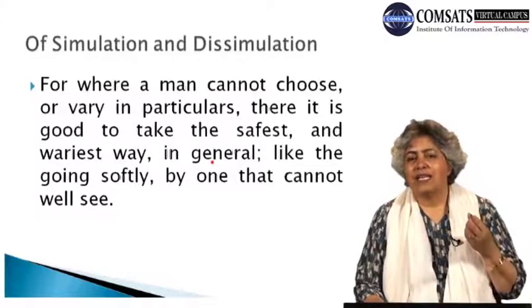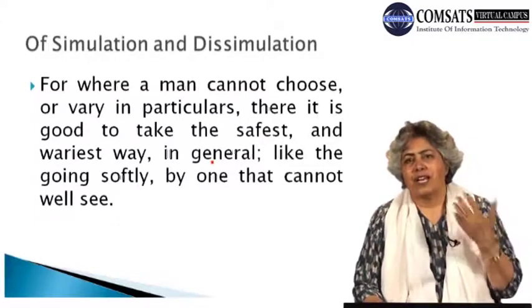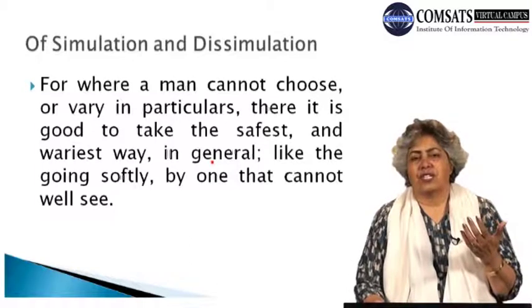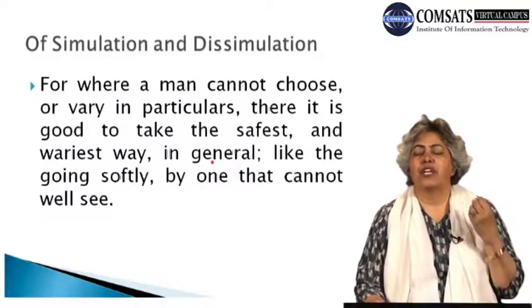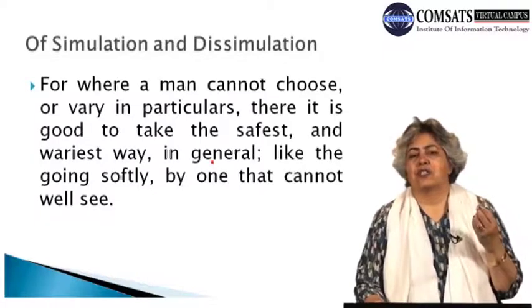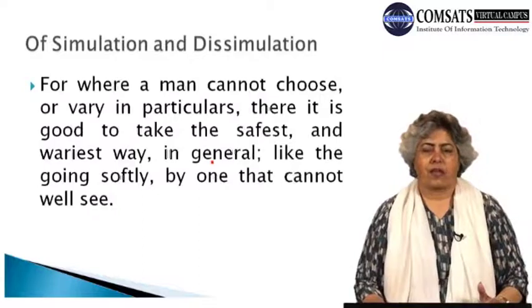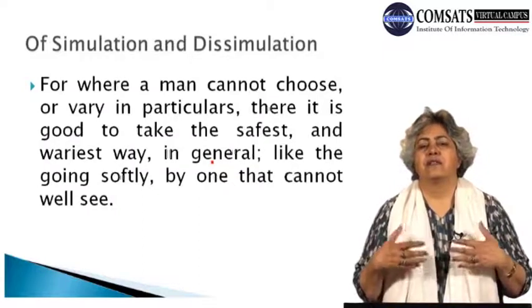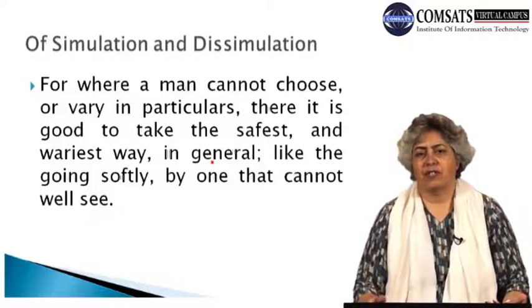So the example he gives of the blind man is relevant to the situation that he creates here, and that is of a man who cannot make decisions involving the whole country. You don't need 100,000 men running the country.